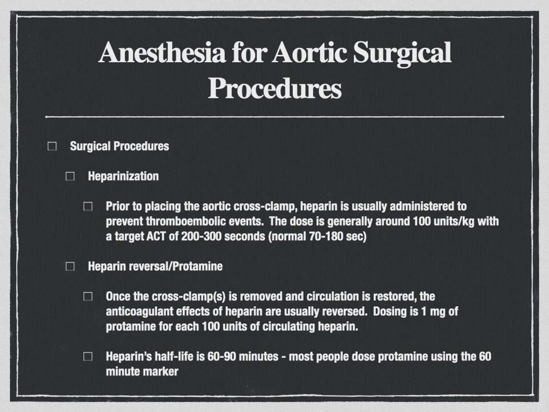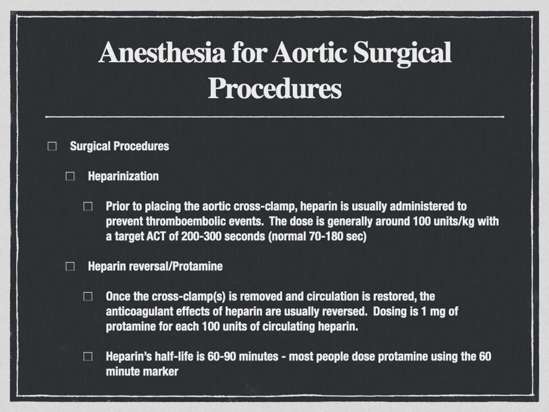Then heparin reversal with protamine sulfate. Once the cross clamp is removed and circulation is restored, the anticoagulant effects of heparin are usually reversed. The dose is 1 milligram of protamine for each 100 units of circulating heparin. Heparin's half-life is about 60 to 90 minutes, so most people dose protamine using the 60-minute marker.